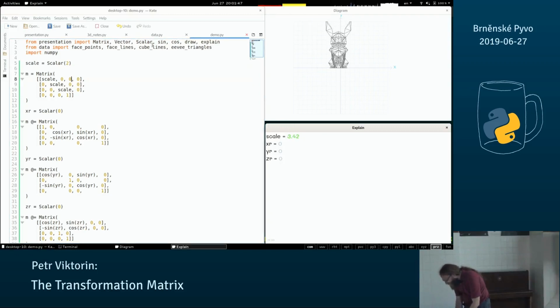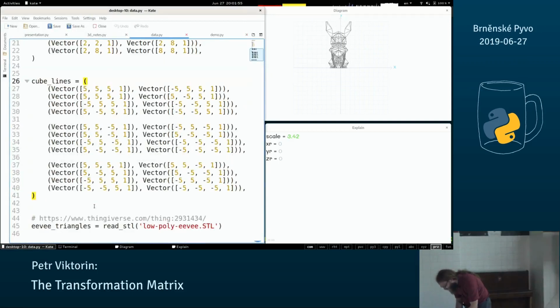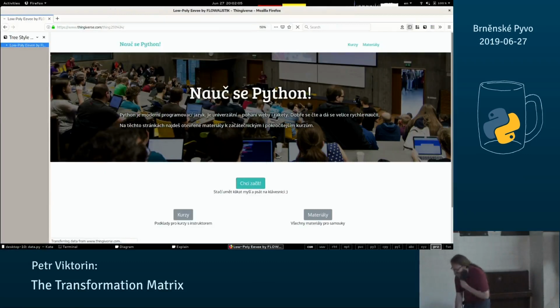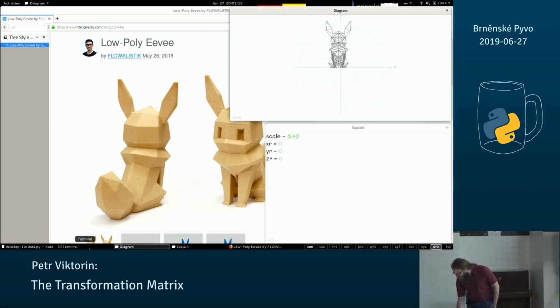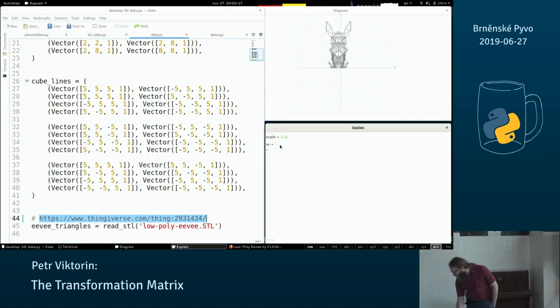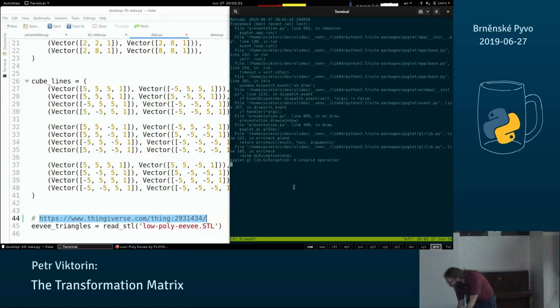I have the note somewhere where I downloaded it from, which I need to show you, because there's a license that says the author is flowalistic. This is a cute little creature. I downloaded the model, I parsed it in Python, which was not that hard, and if I can get my mouse working, wow.